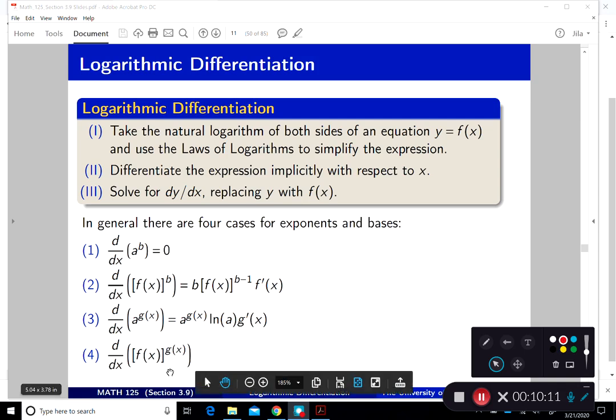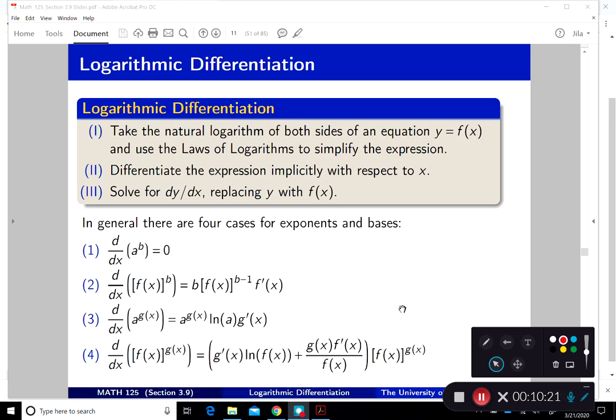When you see f of x and g of x, they're non-constant functions. And so how do we calculate that one? Using logarithmic differentiation, there is a formula, and if you use the logarithmic differentiation, you get this formula.